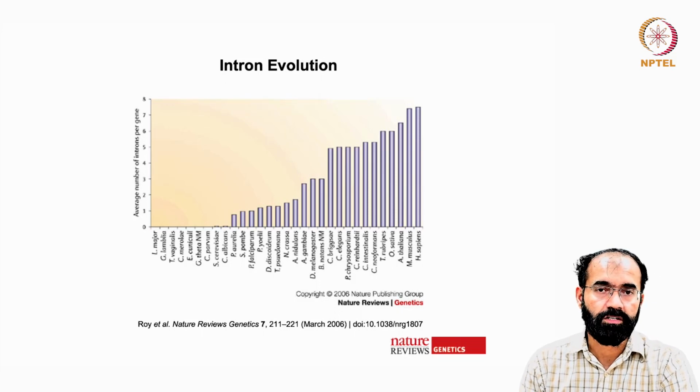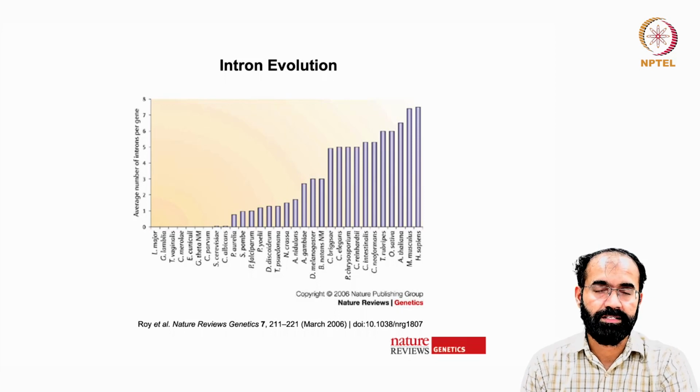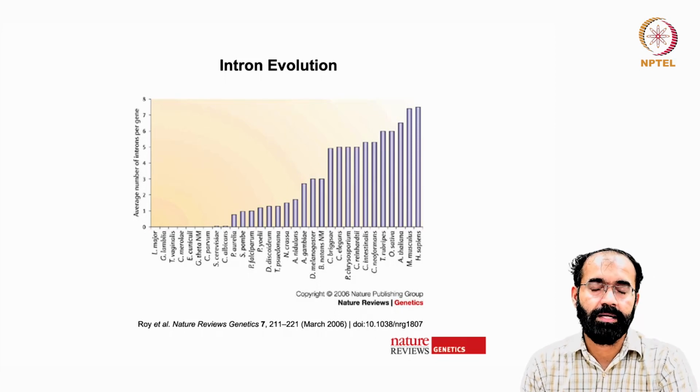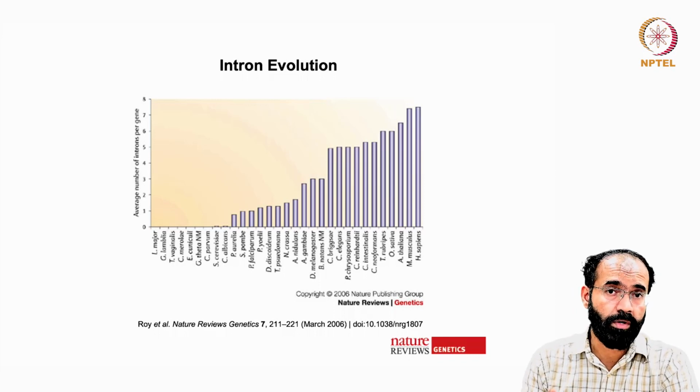You take the total number of introns divided by the total number of genes. Say the total number of introns is 10,000, divided by the total number of genes, maybe around 15,000, or maybe 8,000 or 9,000. I am just giving a crude example.